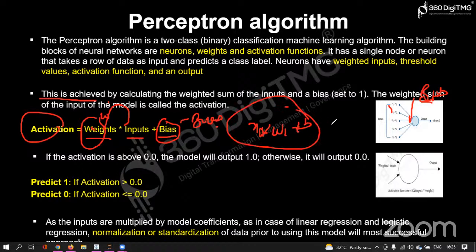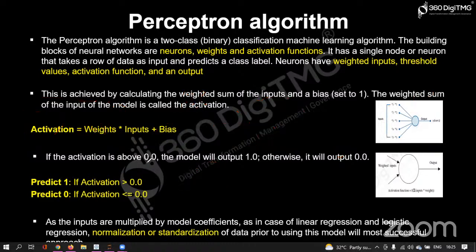If it is greater than some certain threshold level, the activation function will be activated and it will shoot the output. If it is not reaching the threshold level, the activation function will not be activated, and the output will be 0.